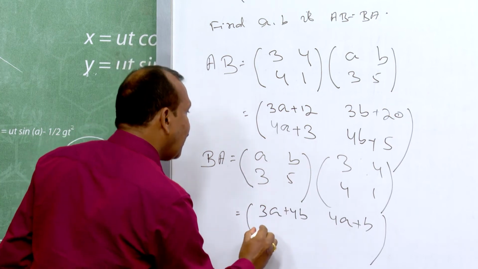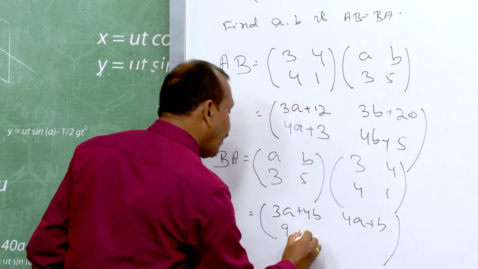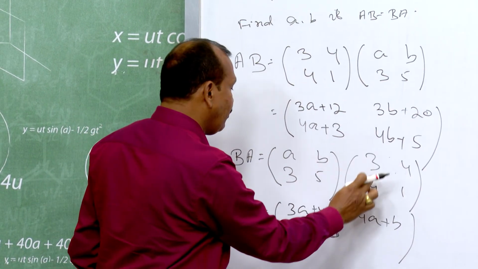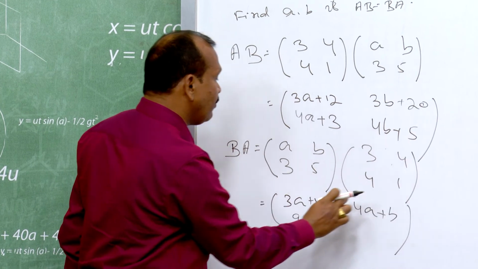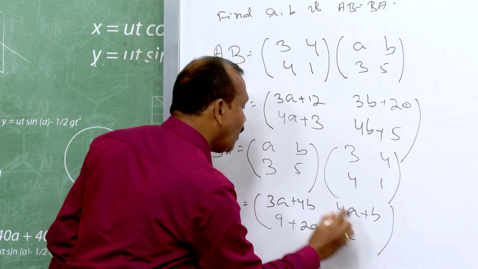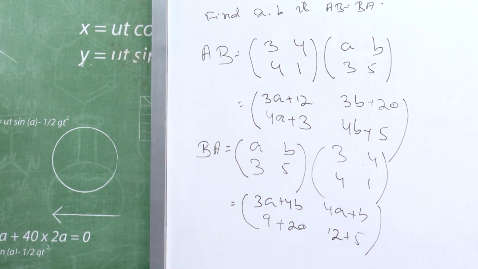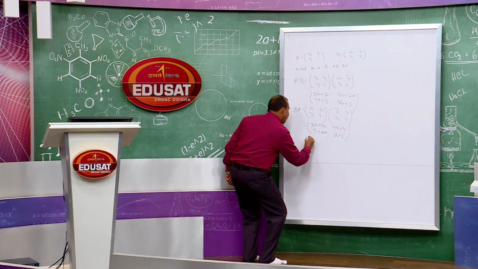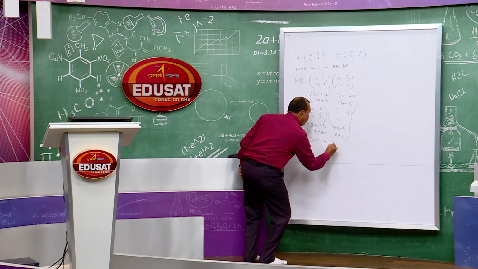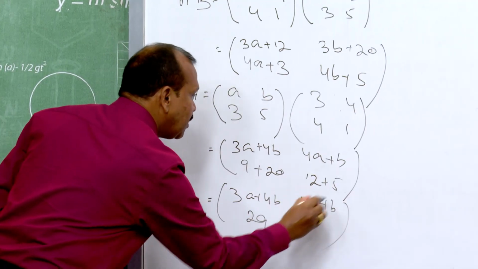Then 3 into 3, 9 plus 20, second row with the second column, 3 into 2 is 6 plus 5. So that is equal to 3a plus 4b, 2a plus b, 29, 11.